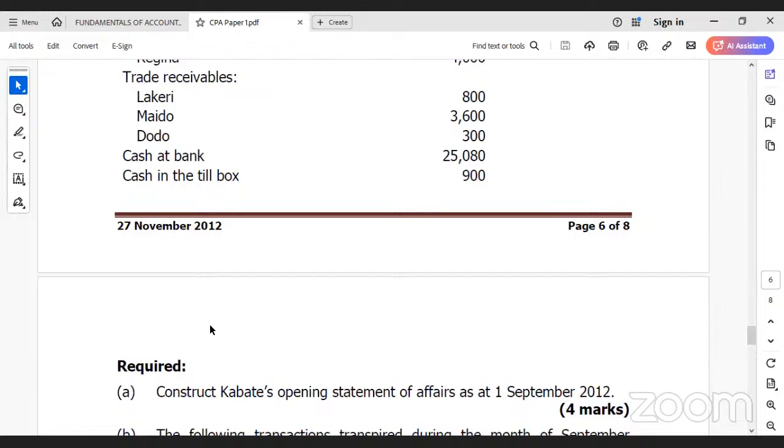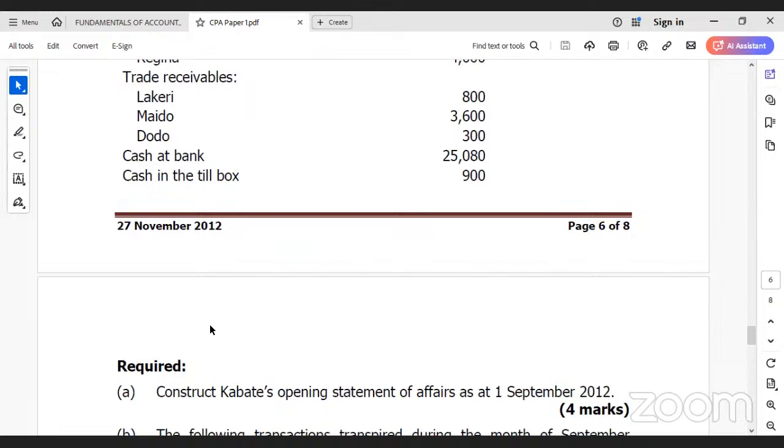Now, what is an opening statement of affairs? An opening statement of affairs is prepared to arrive at what we call the opening capital.